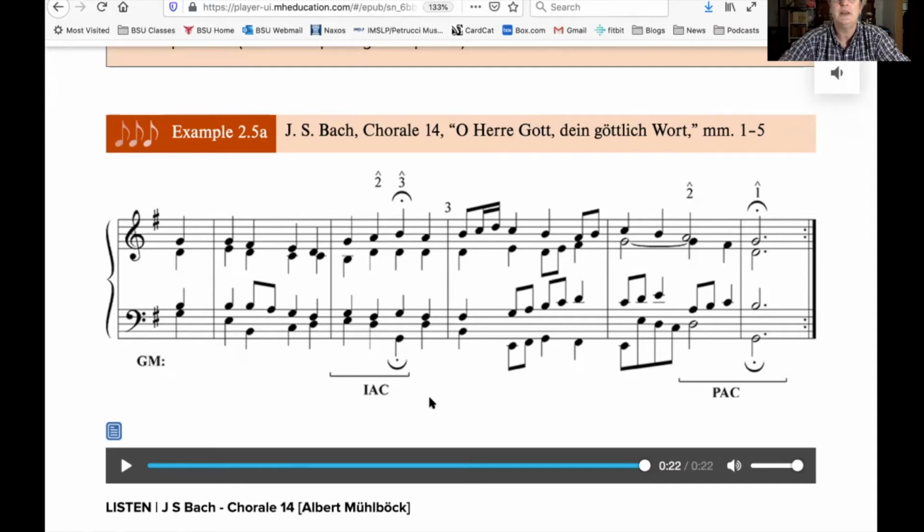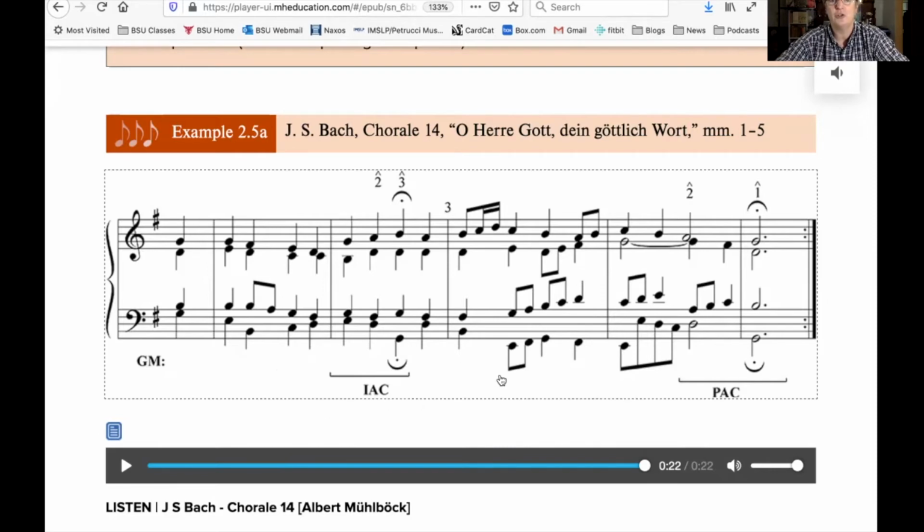So a period is a larger structure that incorporates 2 phrases, and it has this pattern of an open ending and then a closed ending, a less conclusive cadence, and then a more conclusive cadence. You could think of it as being a sentence that has a comma in the middle and that then ends with a punctuation mark of a period. Don't get those two confused.